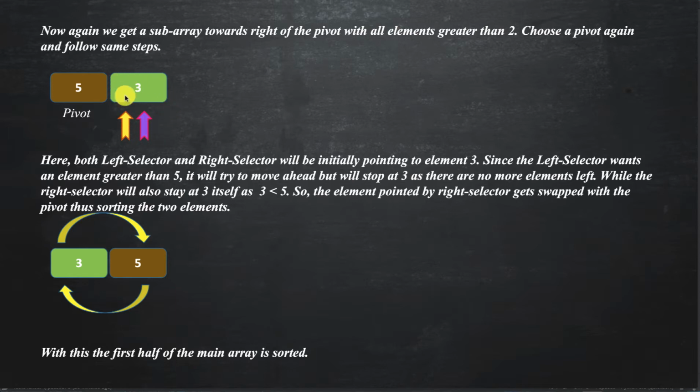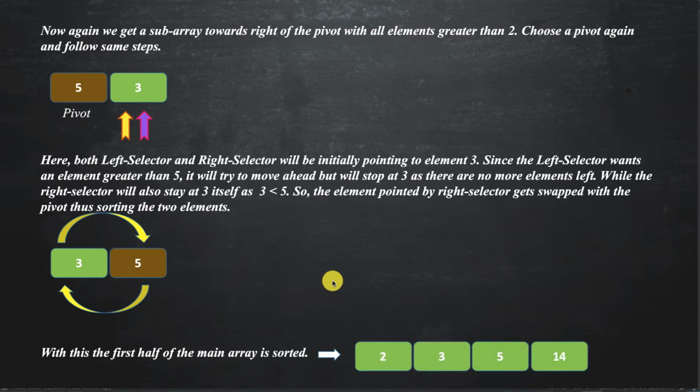And the right selector needs to find an element smaller than the pivot, so again it will stay there because 3 is already smaller than 5. So in that case, since the left selector is greater than or equal to the right selector, we will swap the value pointed by the right selector with the pivot. So the first half of the main array is now sorted.